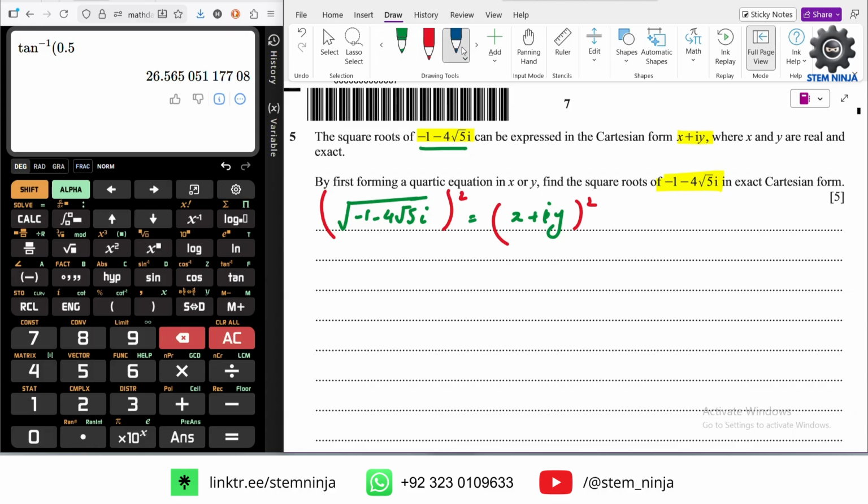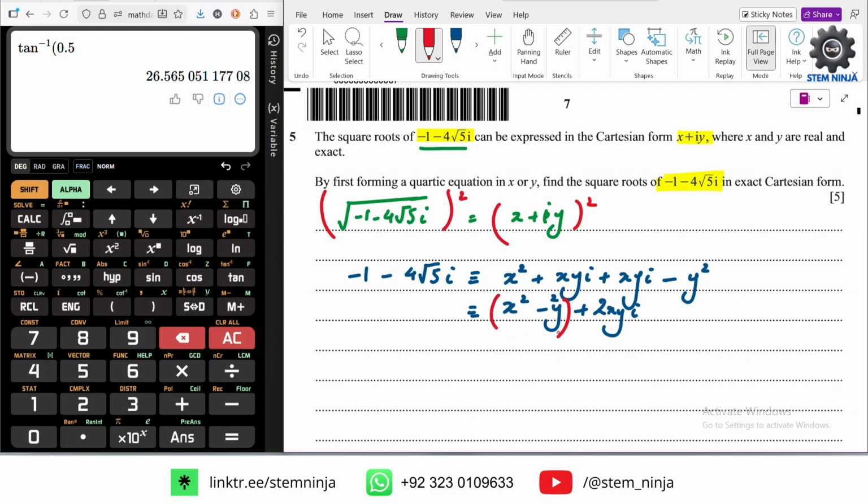So what we will further do is say minus 1 minus 4 root 5 i is identical to the square of this thing. So this is x squared plus xyi plus xyi plus i squared y squared. So basically this would turn into negative y squared. So this is basically x squared minus y squared plus 2xyi.